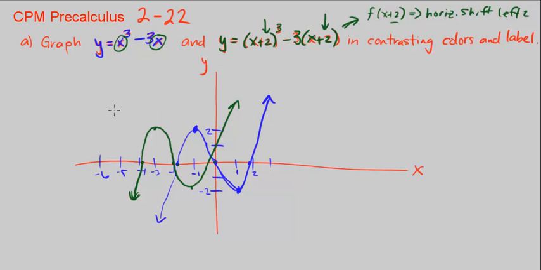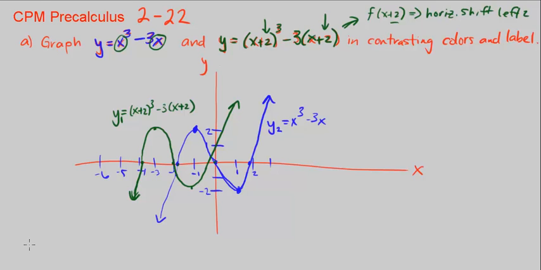This one right here, in green, is y equals (x plus 2) cubed minus 3 times (x plus 2). And in blue, I have y equals x cubed minus 3x, okay? Because these are 2 different functions. I could even call this one y sub 2 and this one y sub 1, so they have different names, okay? And that's part A.